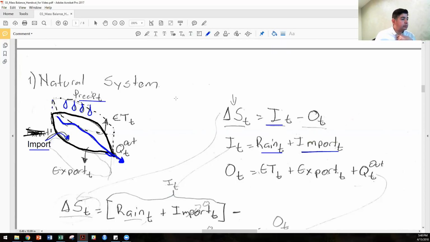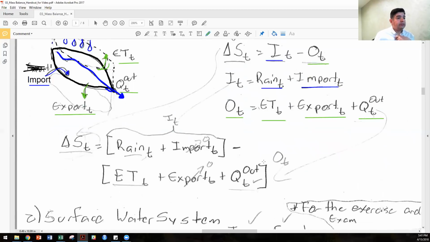What about our outflows? In this case, let's say that we have certain evapotranspiration from the plants, and that we are also extracting some water out of the basin. In this case, our outflows will be ET, this water exported, and also how much water is leaving the basin.